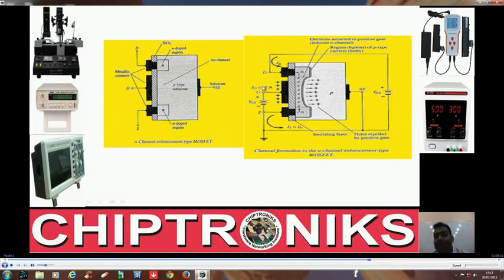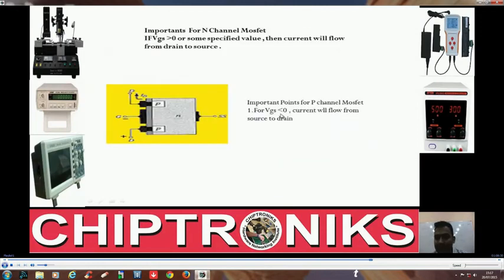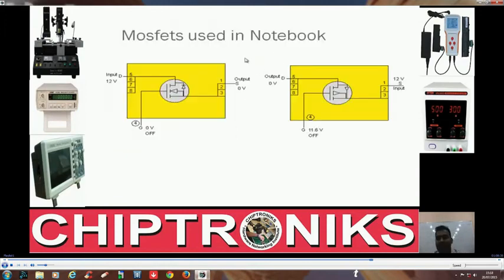But when you connect a battery between gate and source, give positive supply to the gate and a negative supply to the source, in an N channel MOSFET, a current will flow from drain to source. So what is the important point we have to note in an N channel MOSFET?